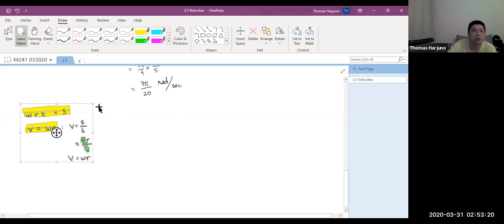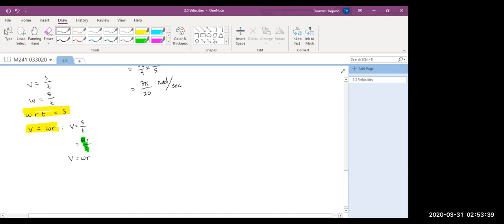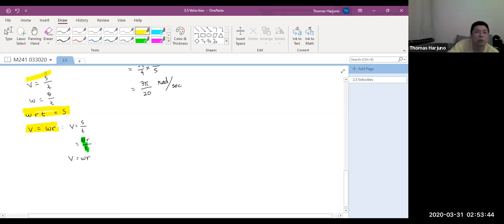Okay, so that's a new formula, besides those two formulas that we have before, that is v equals s over t and omega equals theta over t. Okay, now these are 4 formulas you need to memorize from this section.